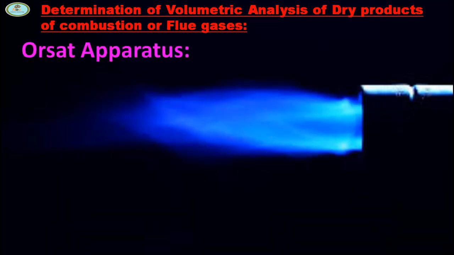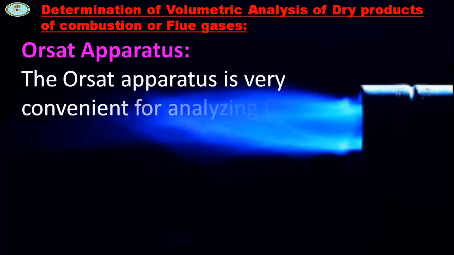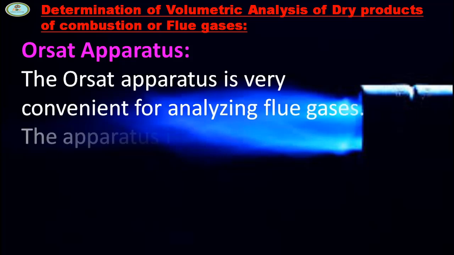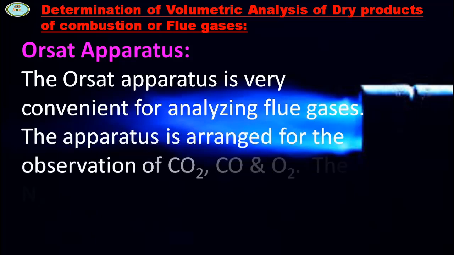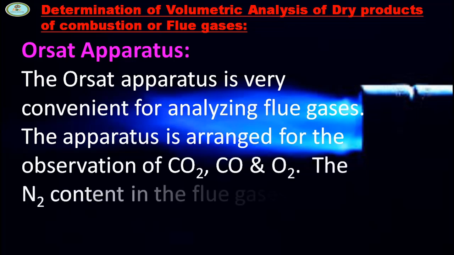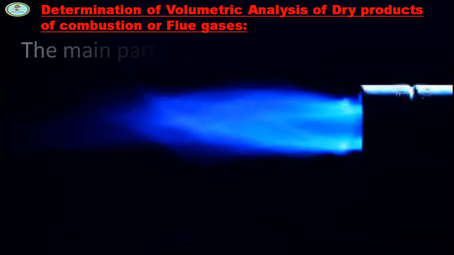Determination of volumetric analysis of dry products of combustion of flue gases: Orsat apparatus. The Orsat apparatus is very convenient for analyzing flue gases. The apparatus is arranged for the observation of CO2, CO and O2. The N2 content in the flue gases is obtained by difference.